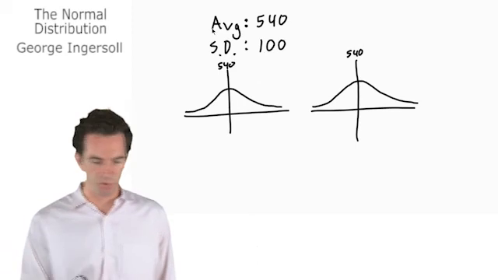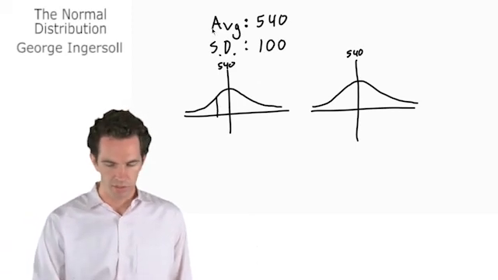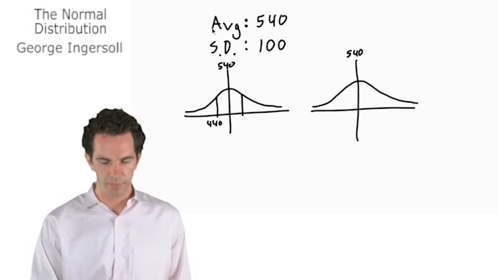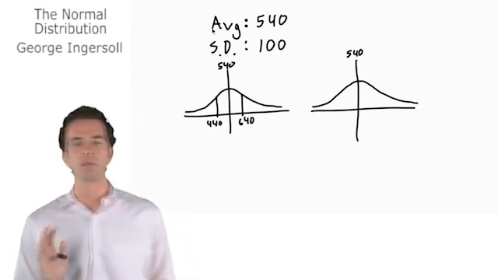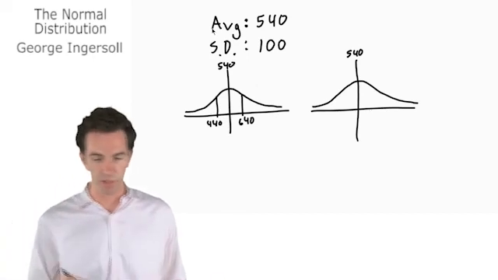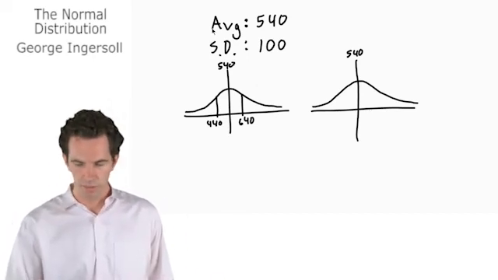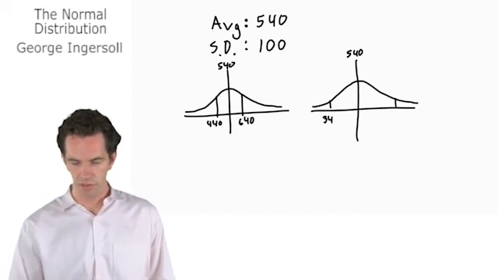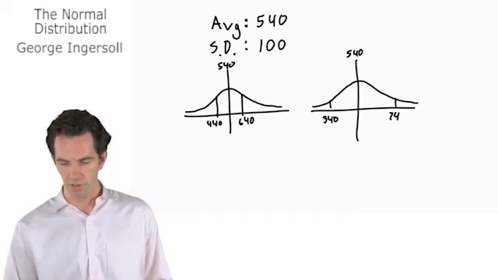We have an average of 540, and since there's a standard deviation of 100, plus or minus 1 standard deviation is going to be between 440 and 640. Between 2 standard deviations is going to be 340 and 740.